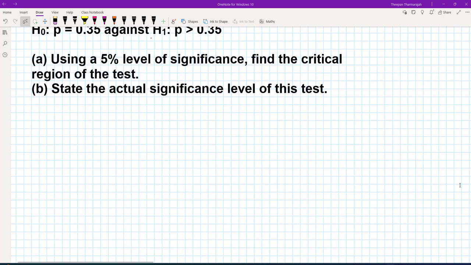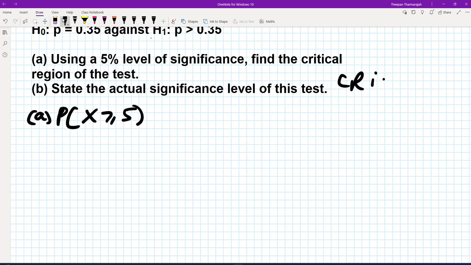Now part B says to state the actual level of significance of the test. We said in part A that the probability that x is greater than or equal to 5 was our critical region. So CR is that x is greater than or equal to 5. When you want to work out the actual level of significance, we're going to work out the probability of this actually occurring. That's the same as 1 minus the probability that x is less than or equal to 4.